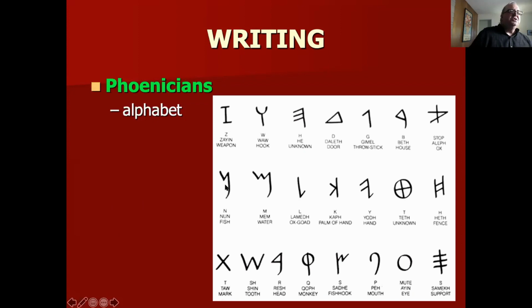The Phoenicians were the first ones to have an actual alphabet, and this was important because then you had a set of letters, and you can see that some of these are similar to our modern alphabet. But it was the first time that the letters themselves were indicative of specific sounds, so that the spoken and the written languages could be very, very similar, and you could make any word out of the alphabet that was available.